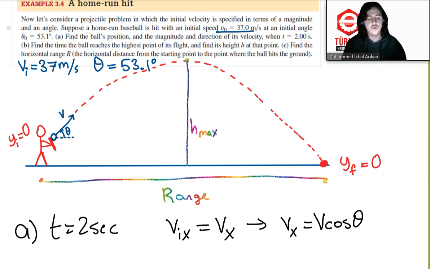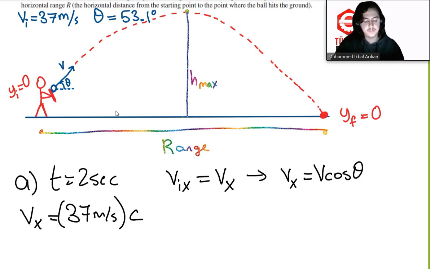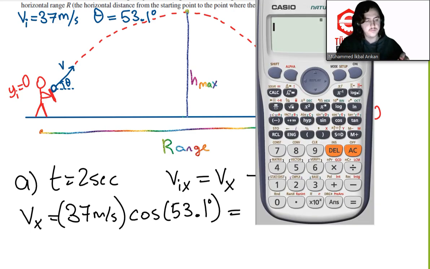So I know V, which is the magnitude of the resultant velocity. It is not the x magnitude and it is not the y magnitude. How can I calculate the magnitude for the x component? It will be 37 meters per second multiplied by cosine of our angle, which is 53.1 degrees.